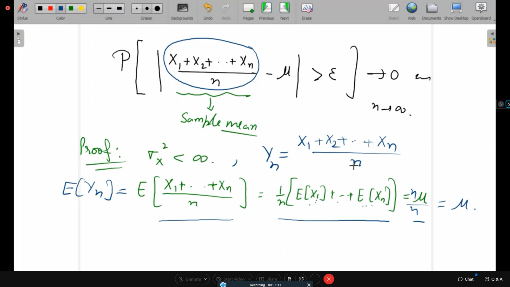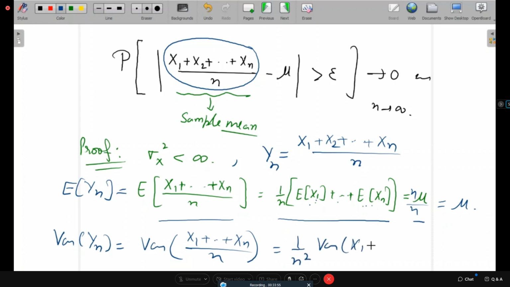Now you can also find the variance of Yn. Since X1 plus X2 plus Xn is again a random variable, the variance of (X1 plus and so on plus Xn) by n is 1 by n square times the variance of X1 plus and so on plus Xn. Now since they are IID, independent, the variance of the sum of random variables equals the sum of the individual variances whenever these are independent.